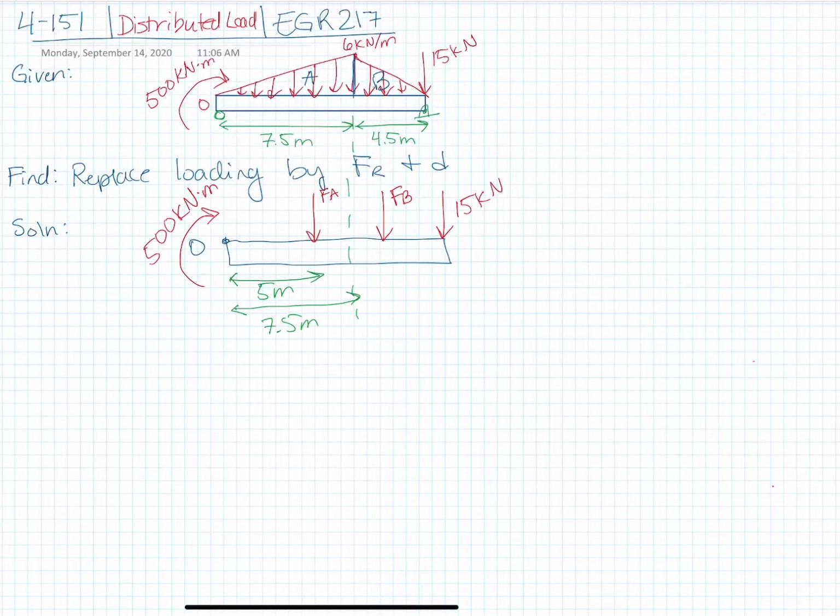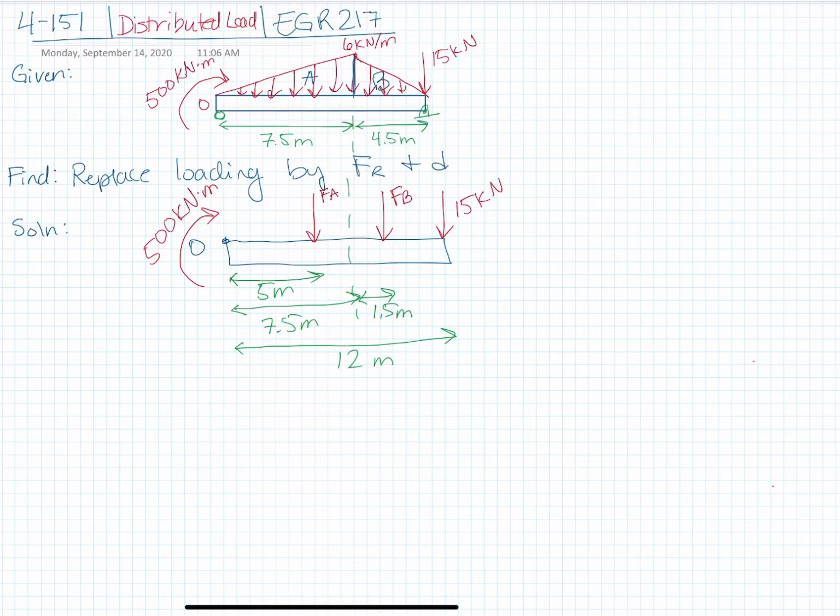And then the distance to FB is just going to be 1/3 of that 4.5 meters, so to here that'll be 1.5 meters. And then the distance all the way over to the 15 kilonewtons is that full distance, which is 7.5 plus 4.5, so that would be 12 meters. So there we've got all the forces now.